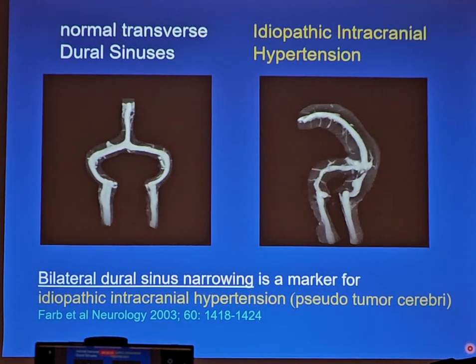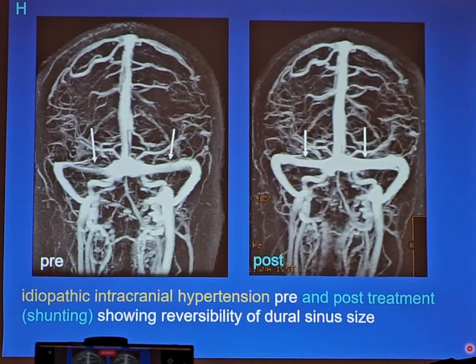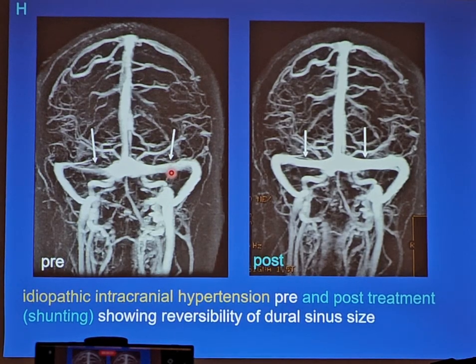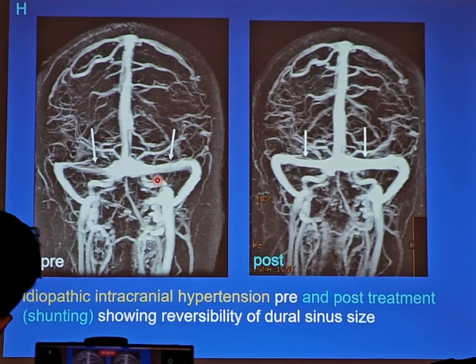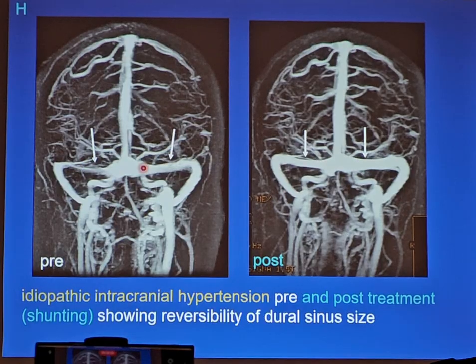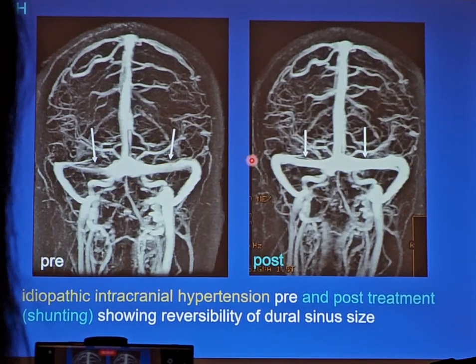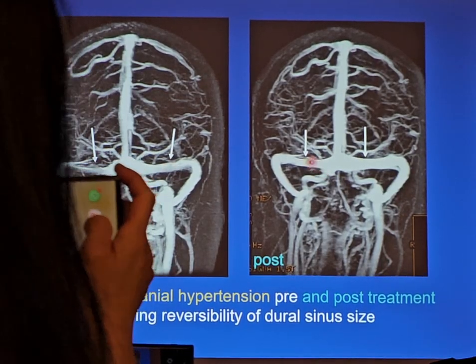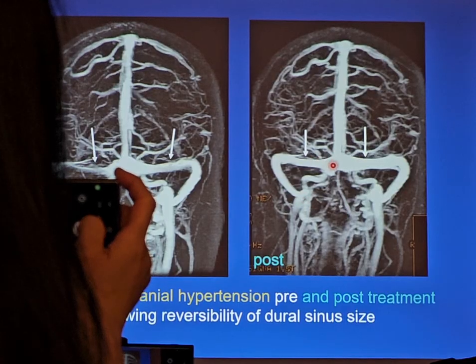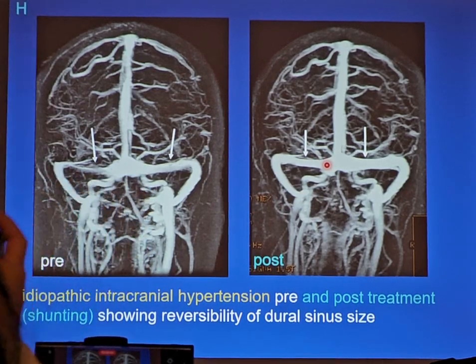This is very typical for patients with idiopathic intracranial hypertension. And if you look at these patients before treatment, let's say they put a shunt in to diminish the pressure, you can see the flattening before, and afterwards you can see the reconstitution of the normal caliber size of the dural sinuses on both sides.